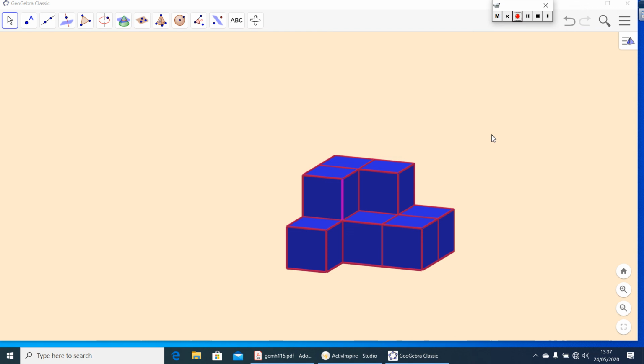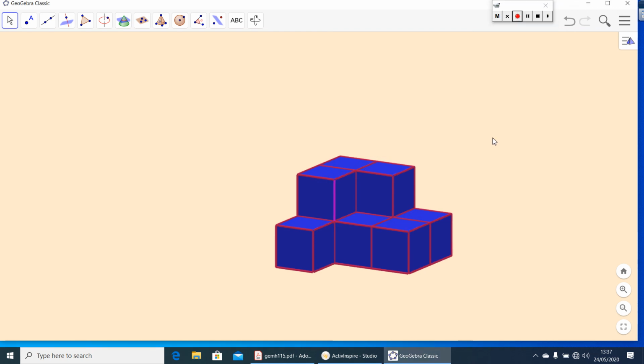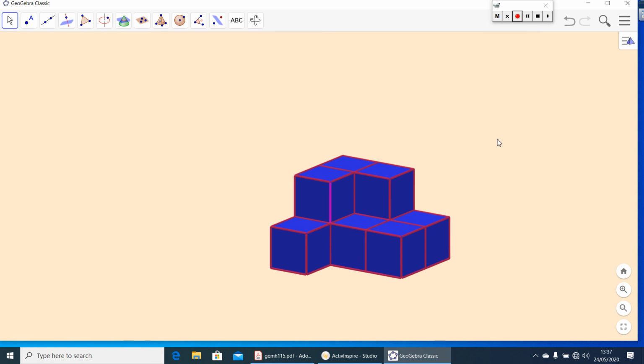Here some cubes are arranged in an order. In 3 ways you can see these cubes. That means every object has 3 types of views.